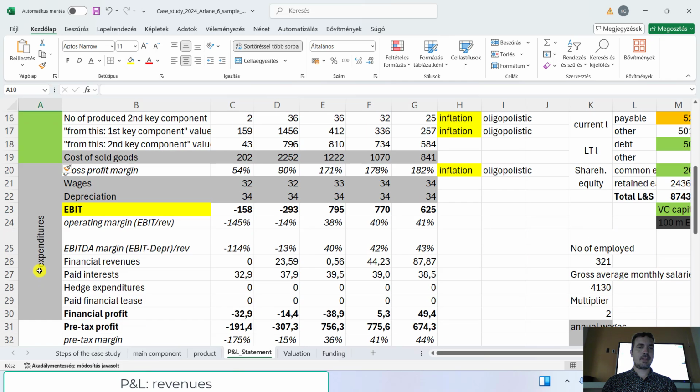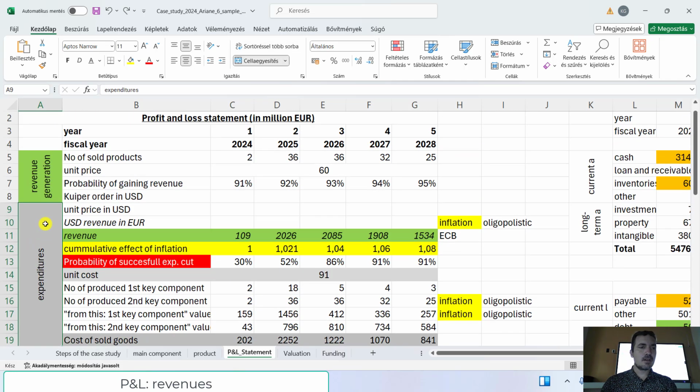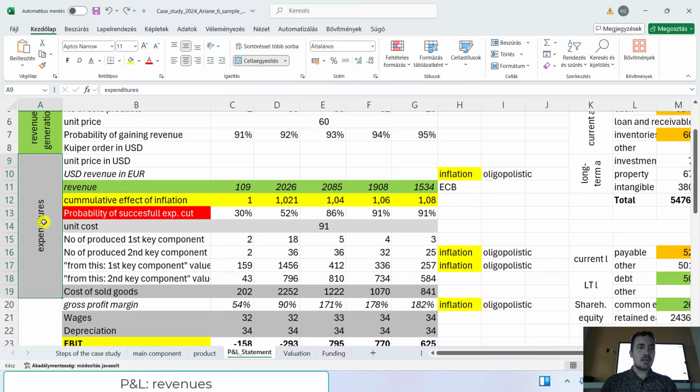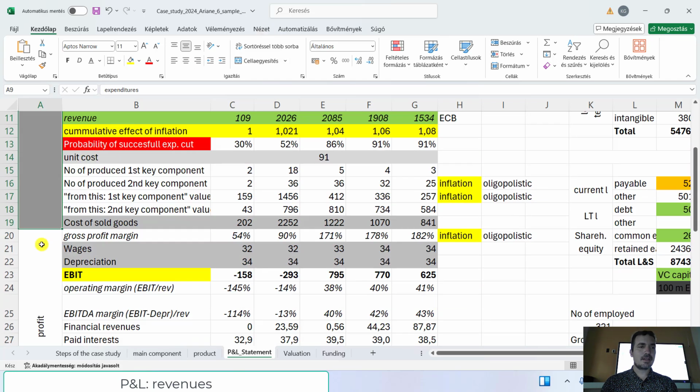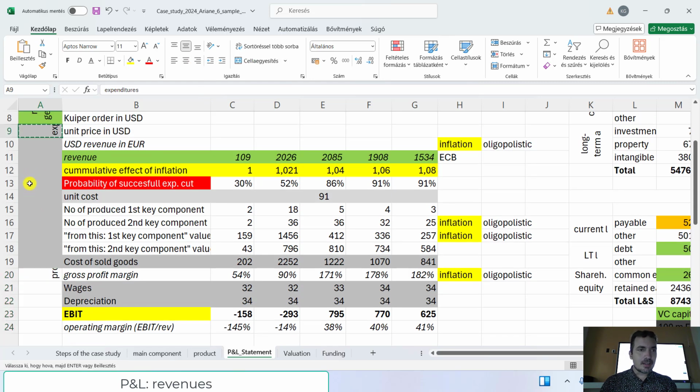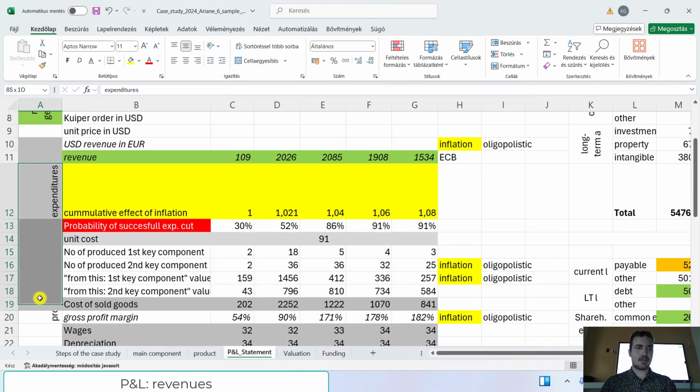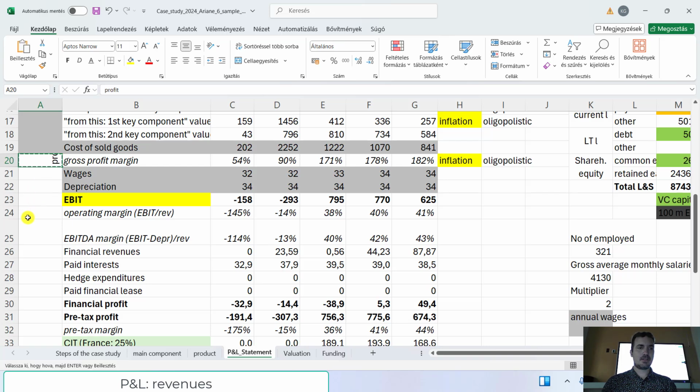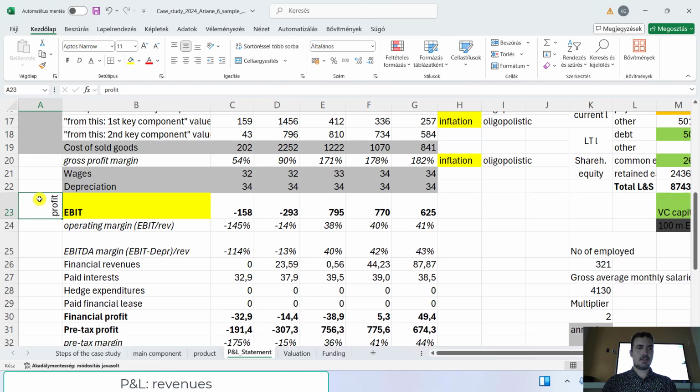Oh my, I destroyed my formatting nicely. Okay, so expenditures will start here. Oh my god, this is profitability, so this will start here.